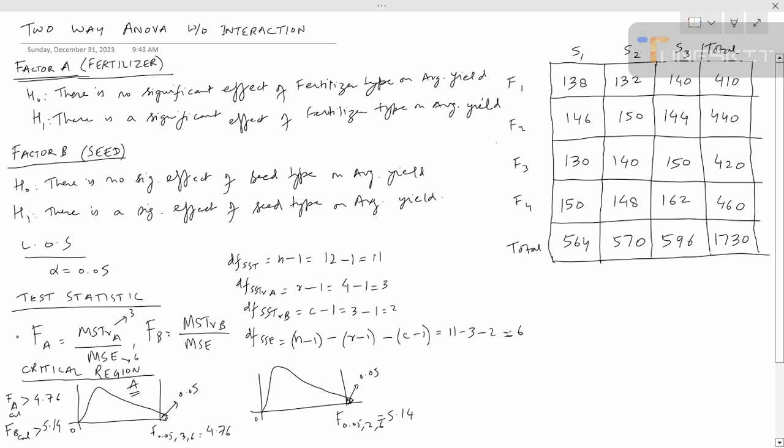So what I'm doing, I'm entering all 12 observations in the calculator so that we can come up with the values of sum of x squared and sum of x.